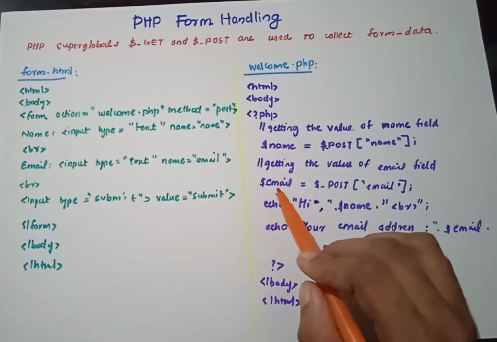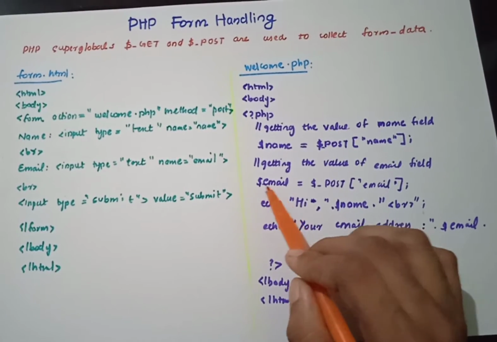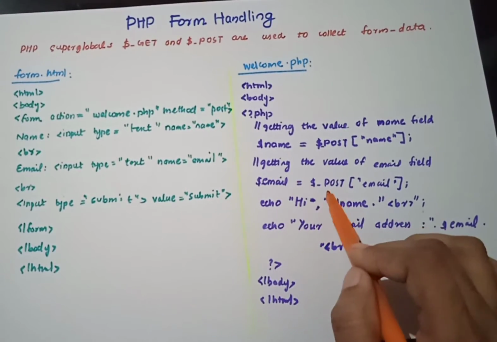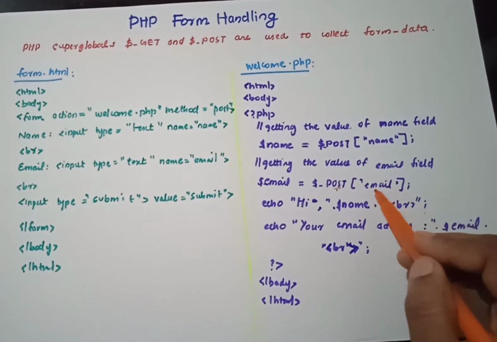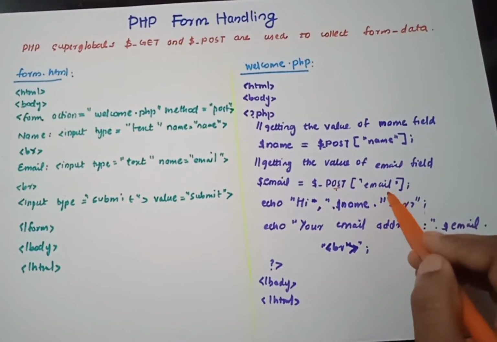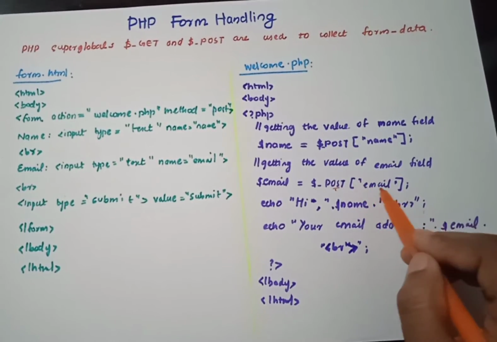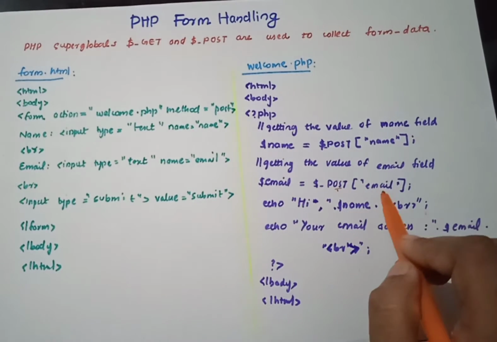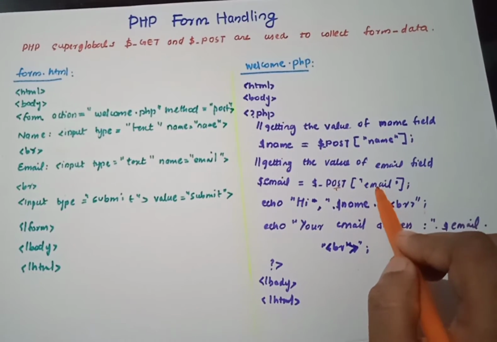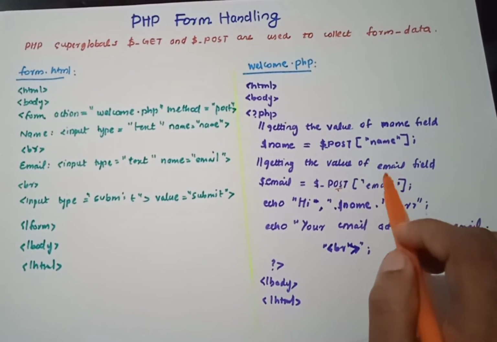For that you declare another variable with the name email itself. Here I am getting the value using the POST method, and that was email. How we declare it there should be written here too, the same. That is very important, otherwise it won't work.